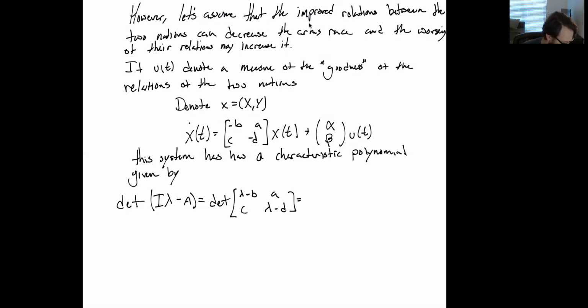So this guy is equal to lambda minus b times lambda minus d minus ac.